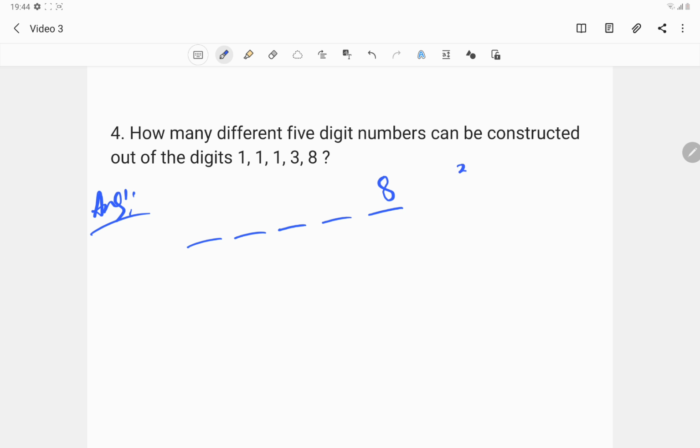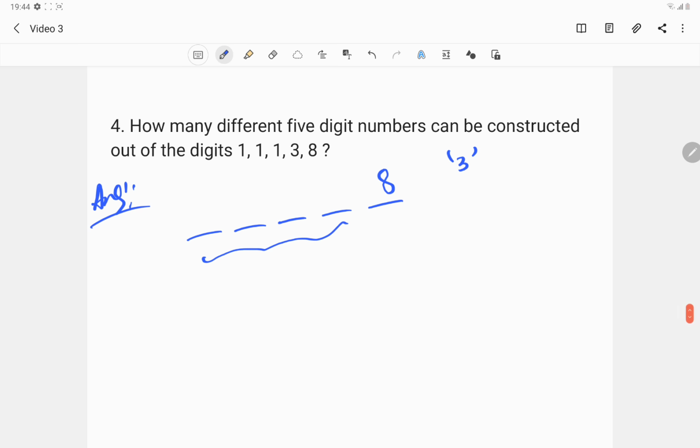Now the digit 3, how many choices does it have? It has 4 choices. It can go anywhere in these 4 places. Now the other digit is digit 1. Whatever 5-digit numbers we are going to form, we have to form using only these digits 8, 3 and 1.